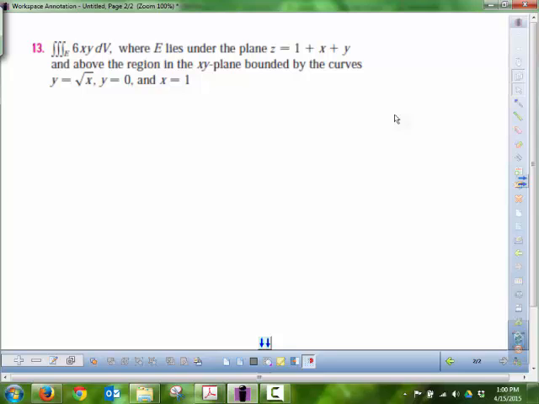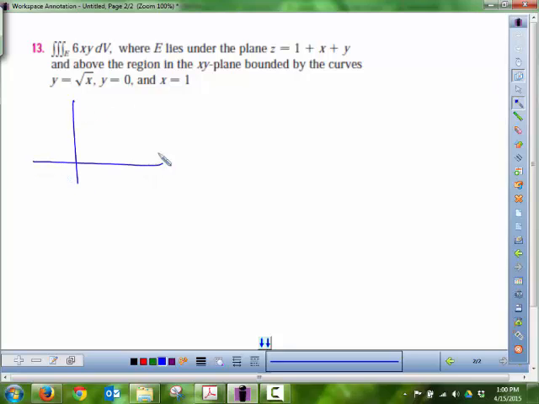Oh, it's going to be hard to draw this, huh? Well, it's bounded above by a plane and below by the region on the xy plane that looks like this. y is equal to square root of x. I think it goes like that. y is equal to 0, which is the x-axis. And x is equal to 1.